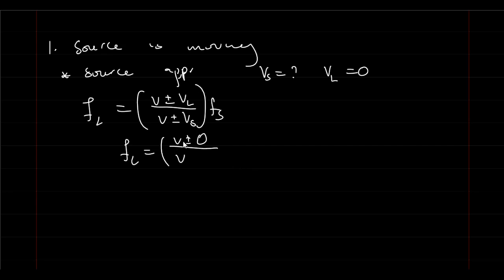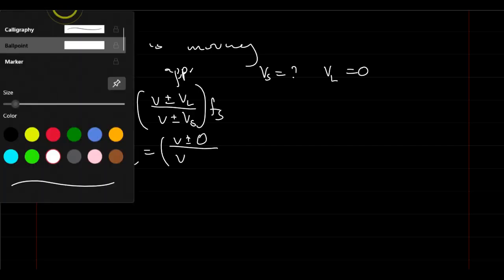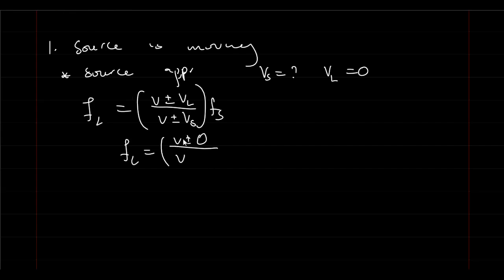So in order for us to have a fraction that is larger, remember that this is a fraction, the numerator must be greater than the denominator. Remember that V is the speed of sound in a respective medium. So now we must have a smaller denominator, so in order for us to do that, we are going to choose the negative side.